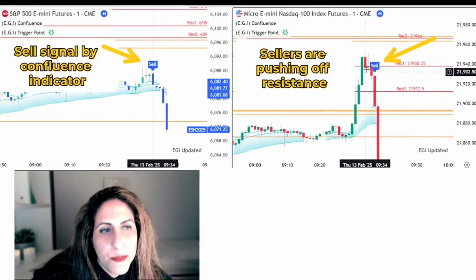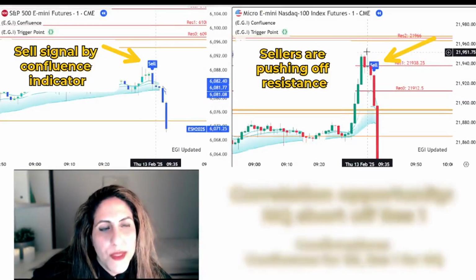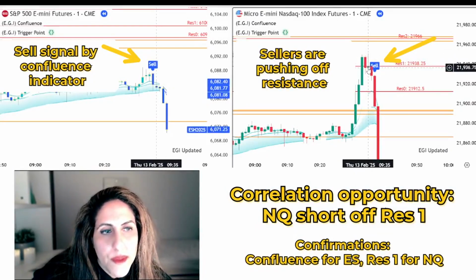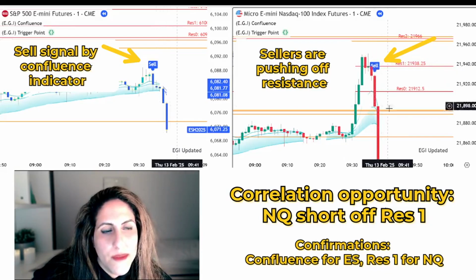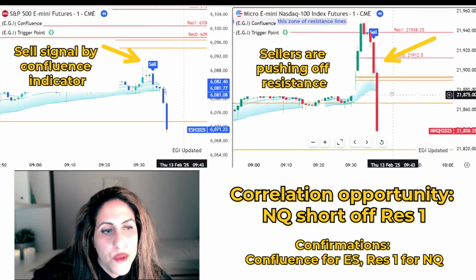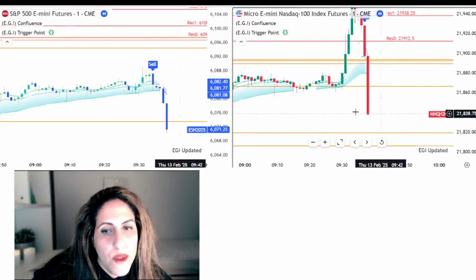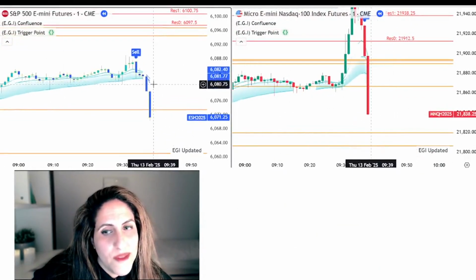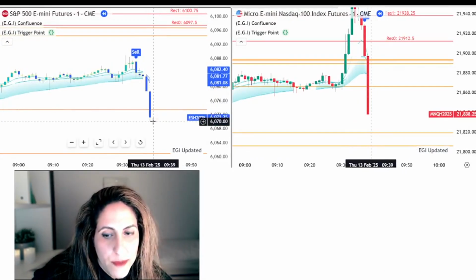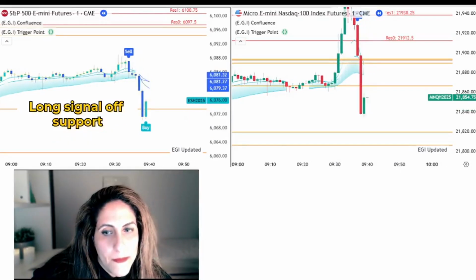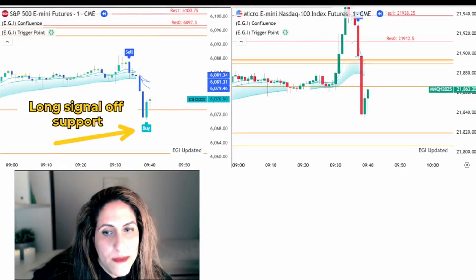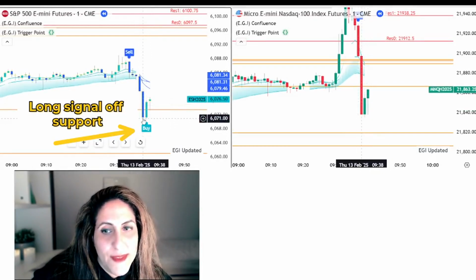Okay, so by reading the price action here, we can see the sellers are pushing off res 0, indicating that the market is about to go to the downside. Now, let's take a look here. Finally, ES reached its support level, broke a little, but then it indicates a false breakout.